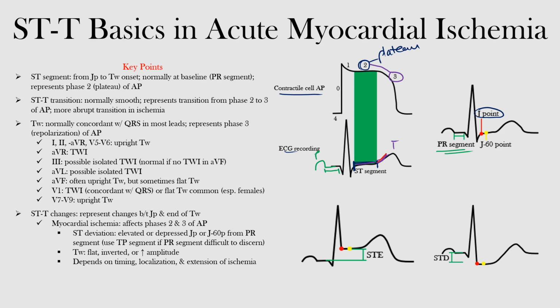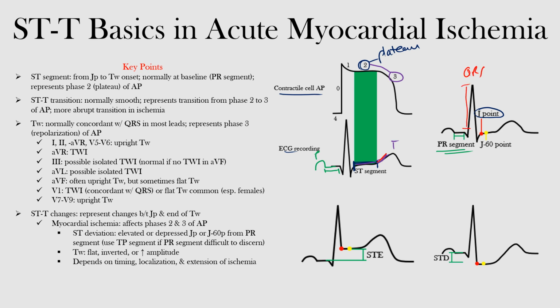Okay. Now we know that the T wave represents rapid ventricular repolarization, which is phase 3 of the action potential. Normally it should be concordant with the QRS complex, such that the main QRS vector should be followed by a T wave in the same direction. Here's a list that we have here of the normal T wave direction in multiple leads. So again, what we mean about concordance, here's our QRS complex.